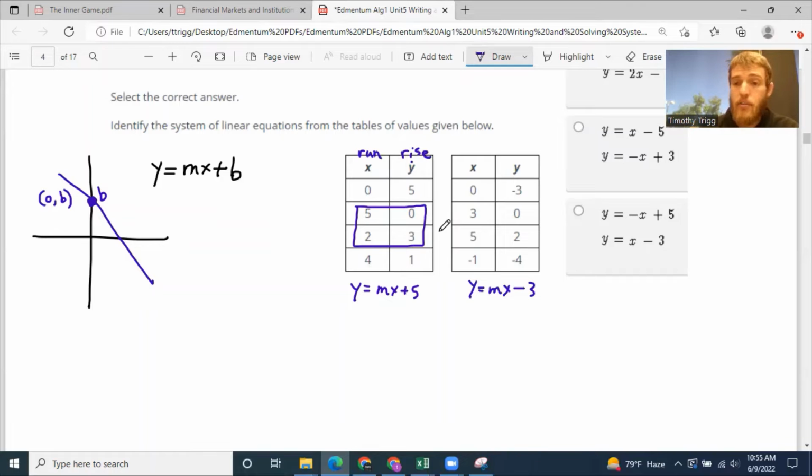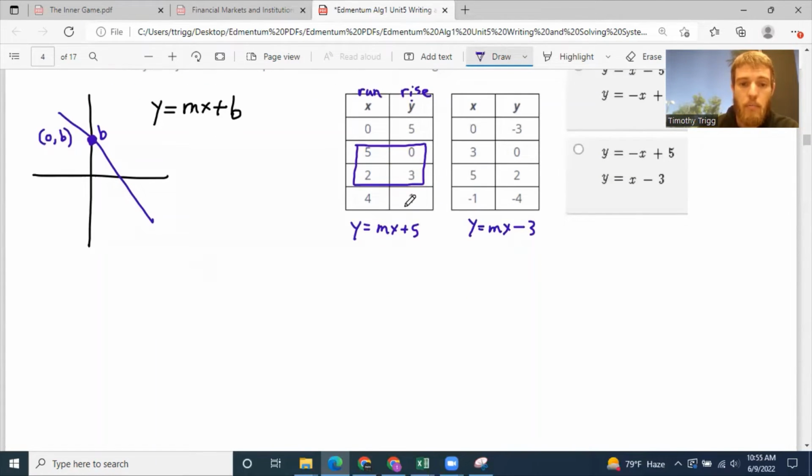To figure out the rise, you just subtract the y values, so in this case, 0 minus 3. That's the rise. How do we figure out the run? Subtract the x values, 5 minus 2 in this case. So what does that give us? Negative 3 over positive 3, which is negative 1. So the slope for this line is negative 1.